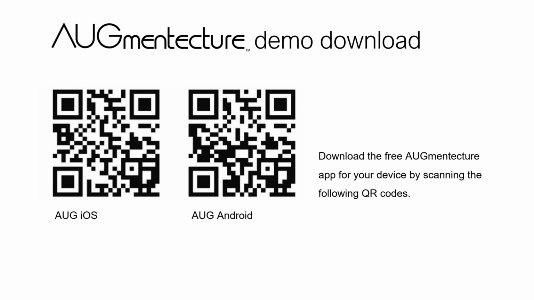I'm hoping at this point you have the applications installed, and we're going to look at an overview of how to open the app and how to scan a QR code and download a model. Along the way, I will introduce our application interface, and hopefully that will clarify what we're looking at.